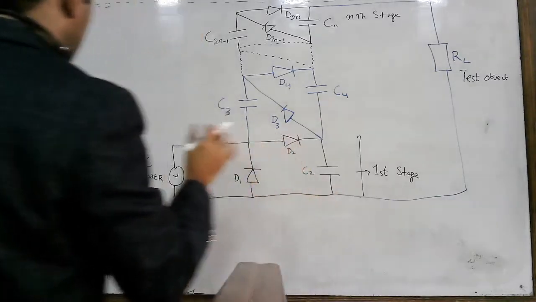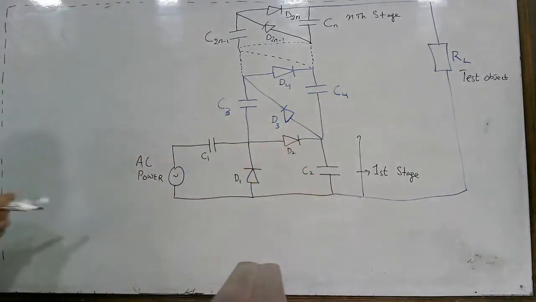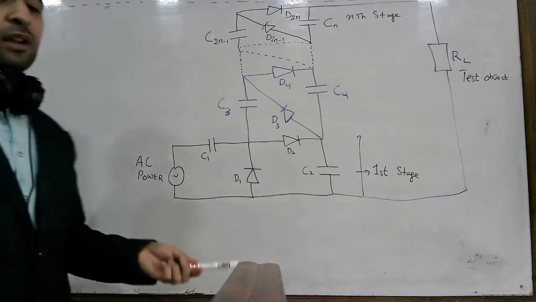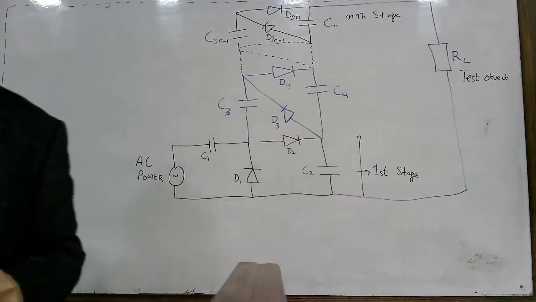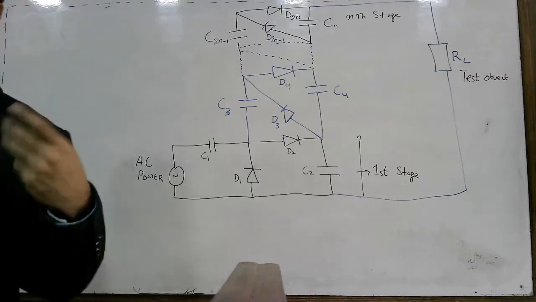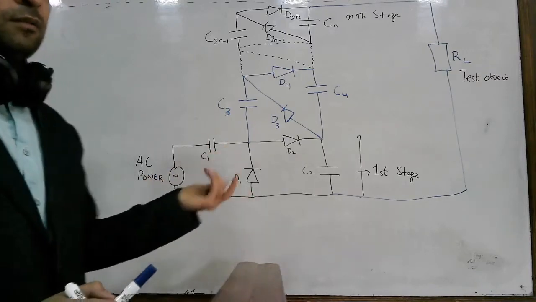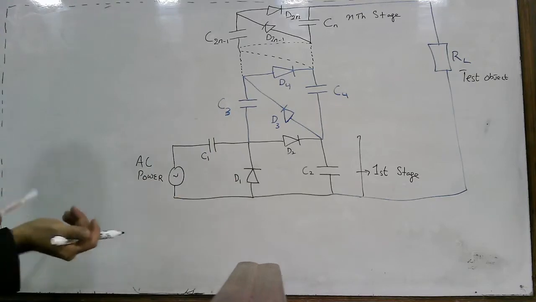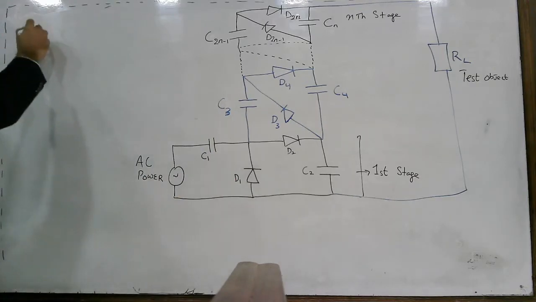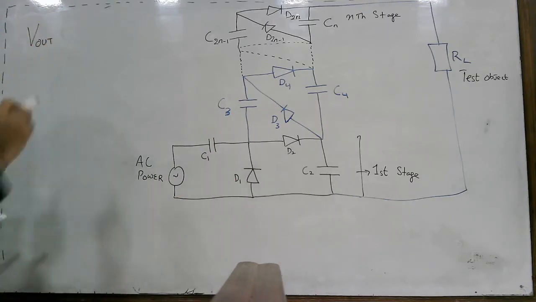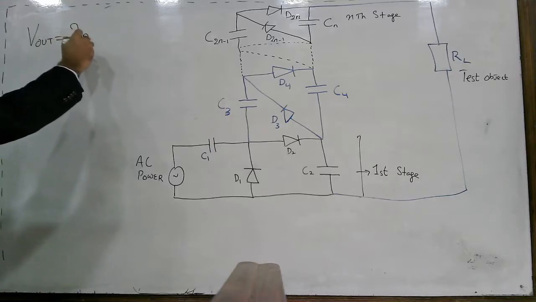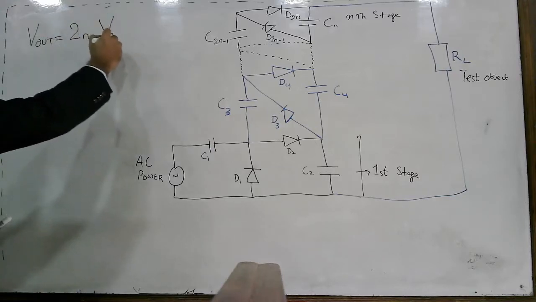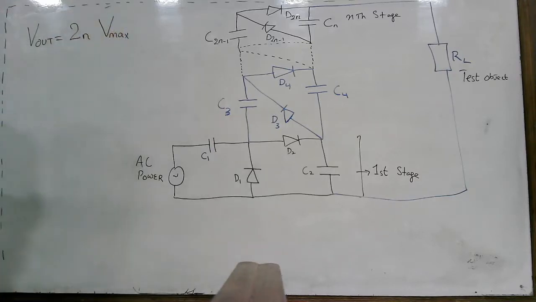So what is V out? Here comes the difference between the theoretical approach and the practical approach. In most of the textbooks and most of the theoretical literature, as you studied in a previous lecture, the output voltage from the Cockcroft-Walton multiplier circuit is equal to 2N V max.